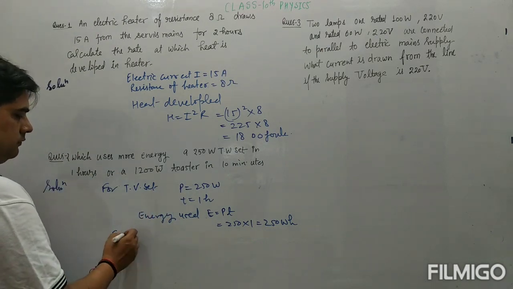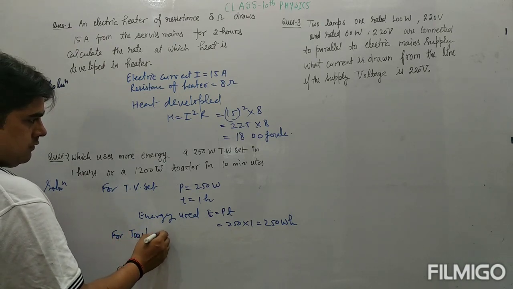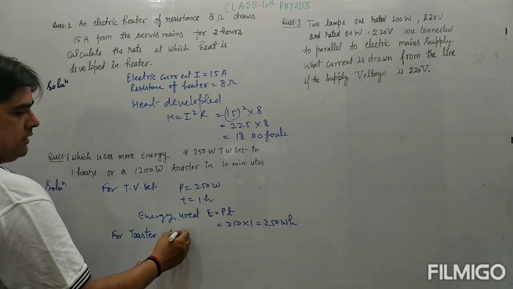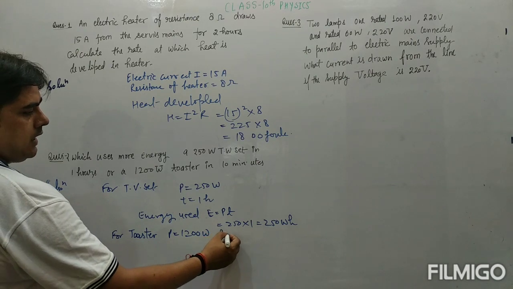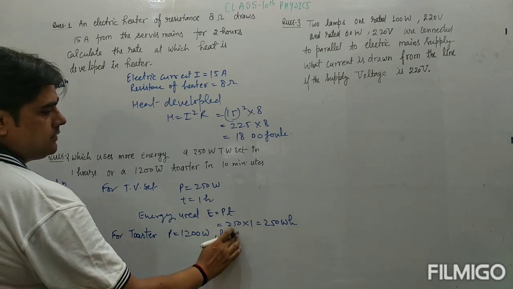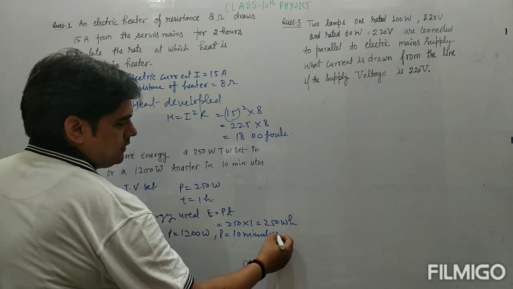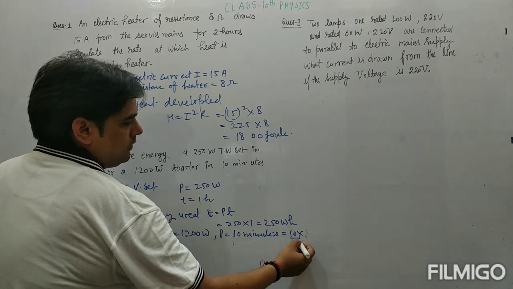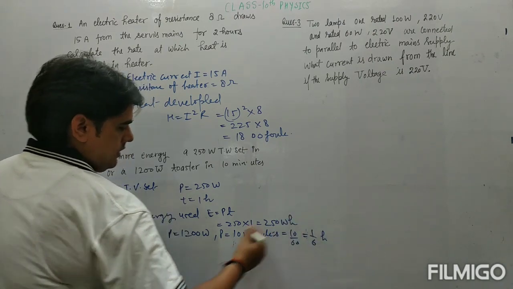For the toaster, power is equal to 1200 watt and time is 10 minutes. First you convert this 10 minutes into hours. For that you divide by 60. It comes to 1 by 6 hour.